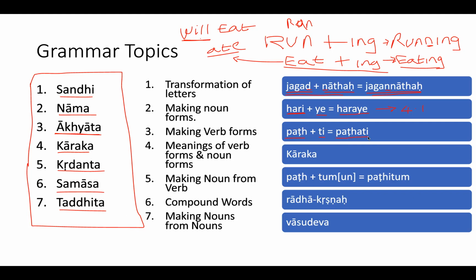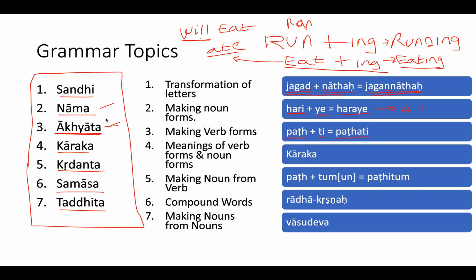So basically, you're conveying present tense, plural form, singular form, past tense, like this different verb forms. So you can have multiple verbal forms. How do you derive multiple verbal forms? That will be taught in Akhyāta Prakarana. So this is about making verbs. This is about making noun forms. This is about making verbal forms.